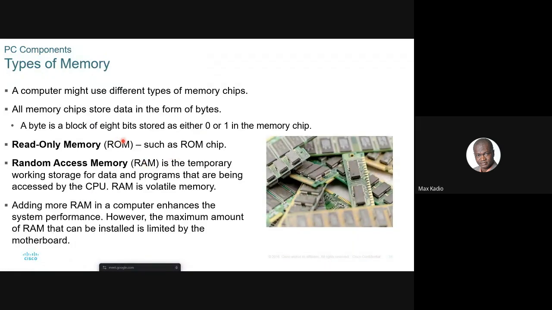The RAM, if the power goes off, you lose everything. But the ROM is also a memory, power or no power, it's still there. It will store a program from the manufacturer to allow everything to work properly.